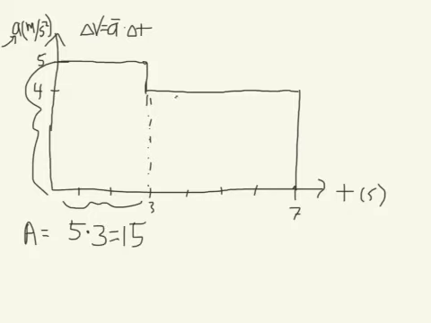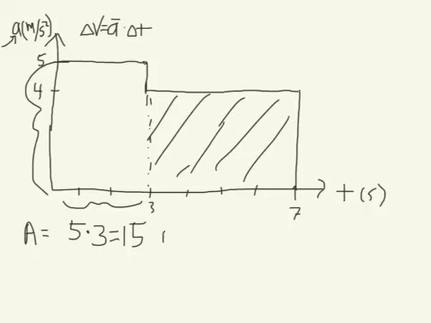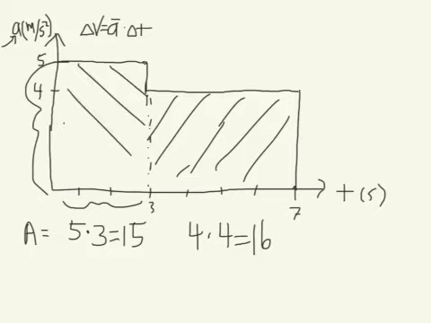And the area of this rectangle is its height times its width. It is 4 high, and it is 4 wide. 16. These numbers should be looking familiar. When we add up the areas of both these rectangles, we get 15 plus 16 equals 31, which is exactly the change in velocity that we saw in these exact same circumstances.